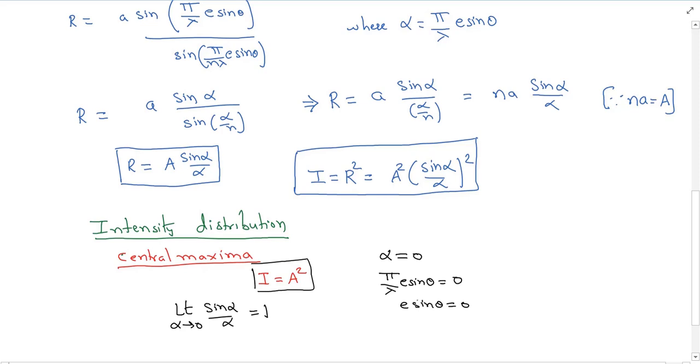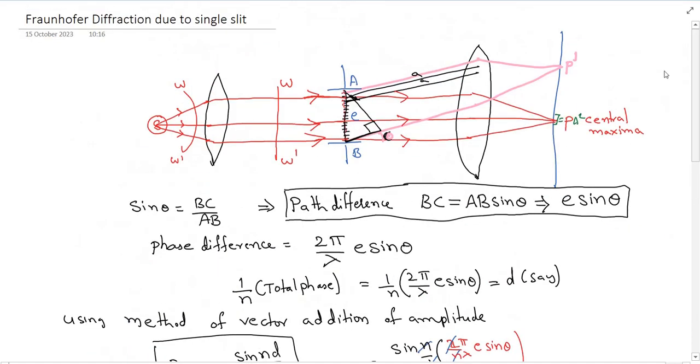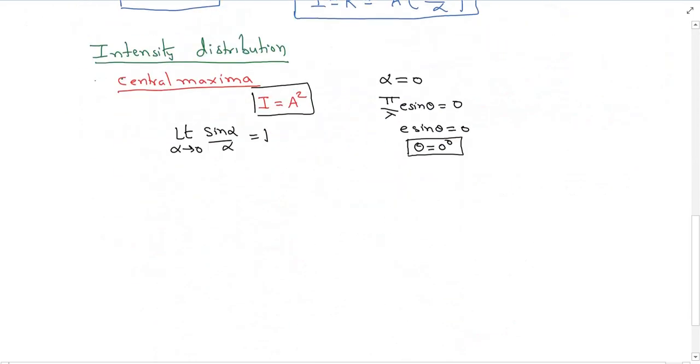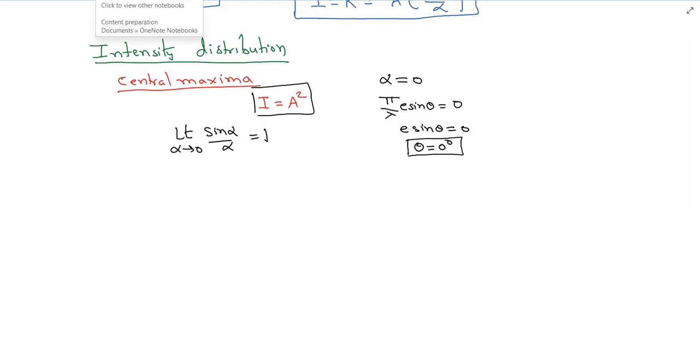And when theta is equal to 0 degrees, we are going to achieve this condition. So when theta is equal to 0 degrees, we call it central maxima. Your total intensity will become equivalent to A square, right? Now let's go for the second condition, when it is going to become minima.